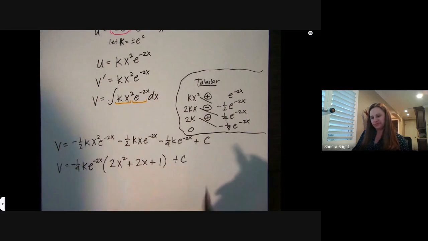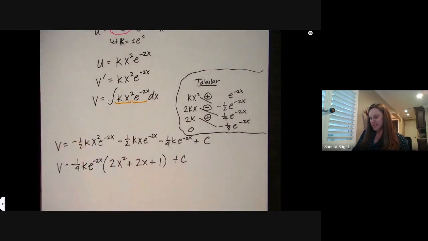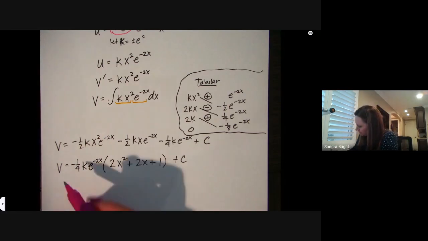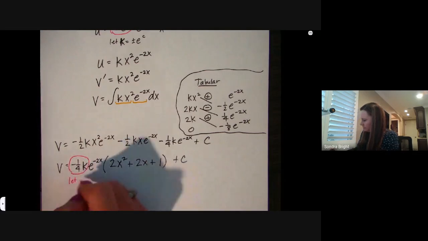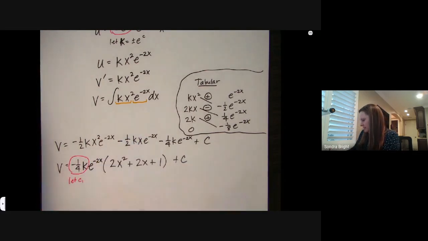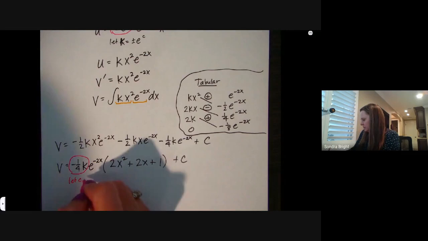Okay. Now, we still need to solve for y, not just v, right? Because v is not our final answer. But I'm going to clean this up even more. That's a constant, so I'm going to let this be C1, just because that's what we do.